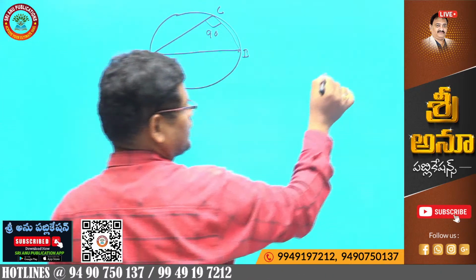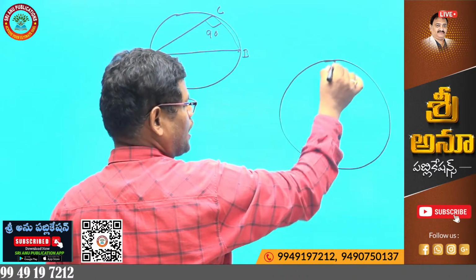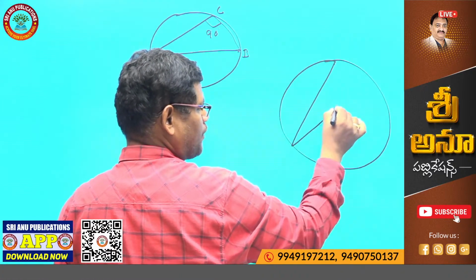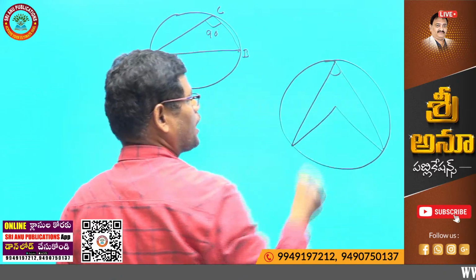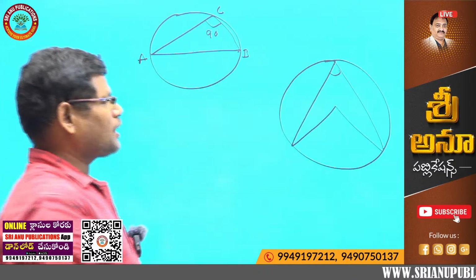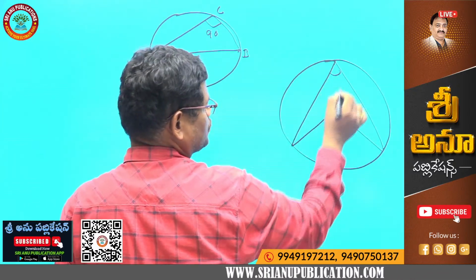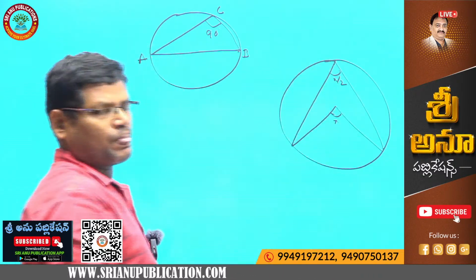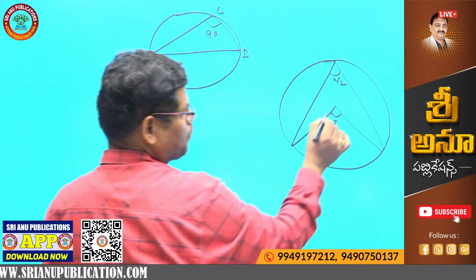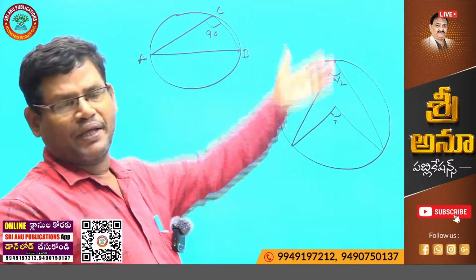Because for any circle, the angle at a given point on the circle will be half of the angle, suppose x, this is x by 2, meaning the angle at the minor sector and the major sector.